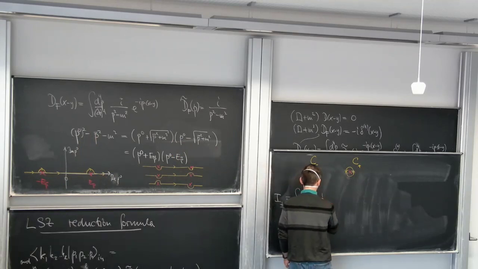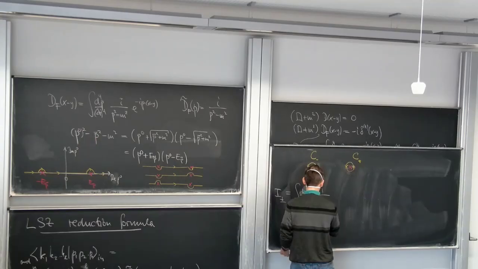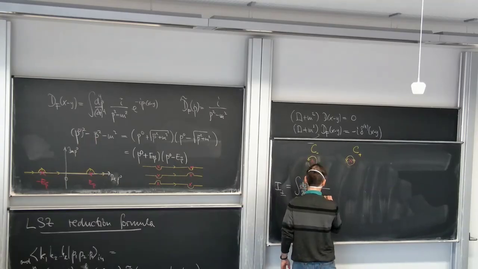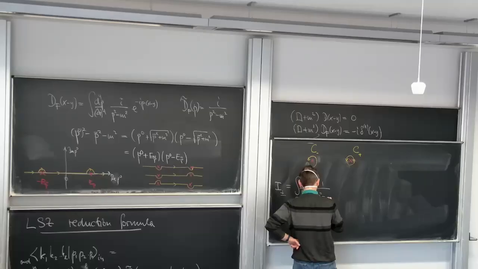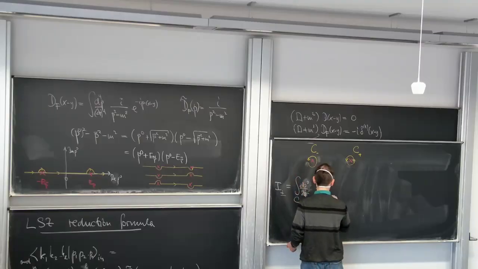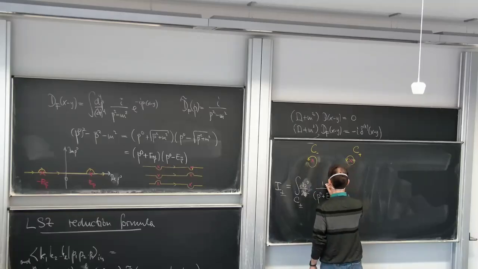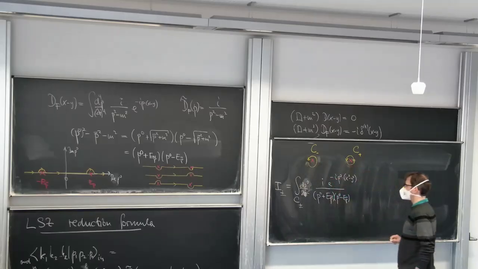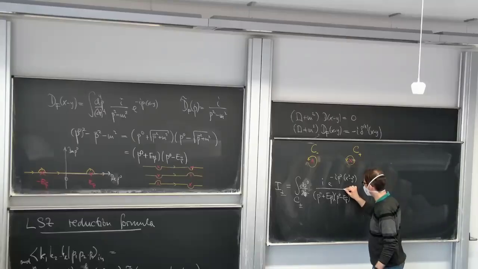And this is now the integrand, 1 over just this: P0 plus EP, P0 minus EP, and then e to the minus i P0 times P, times x0 minus y0.